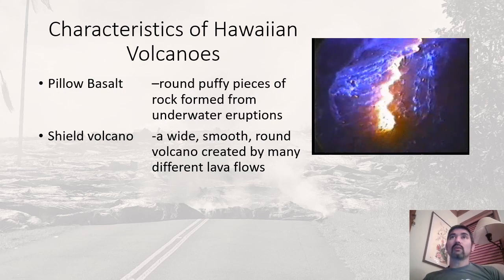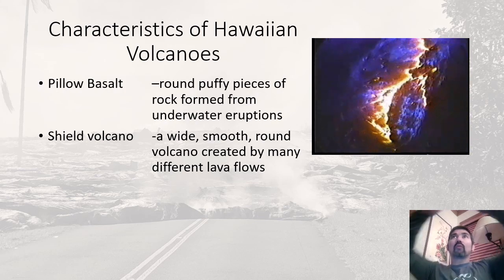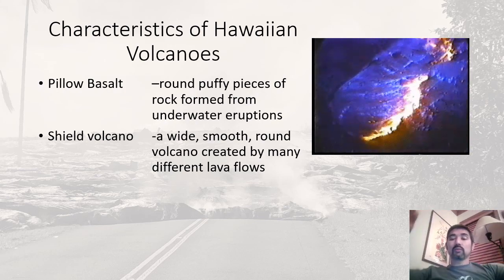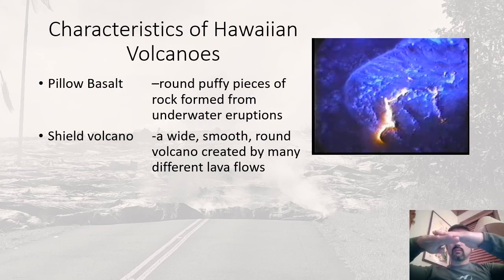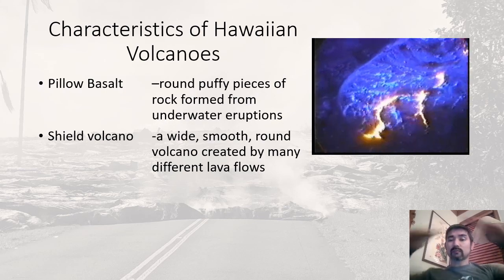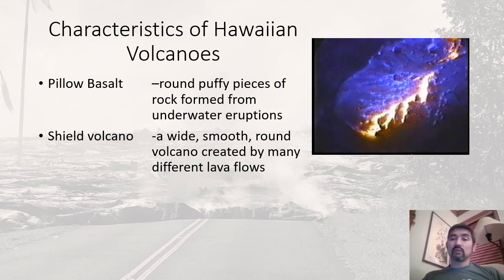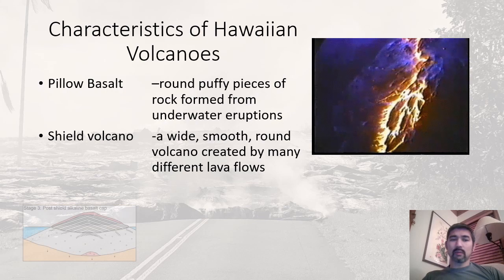Now, a shield volcano is very rounded, and it has a very gradual slope. It's made as one layer of lava flows and another layer of lava flows on it, and so on and so forth until you get a pile that makes a shield volcano. It's just like a very gently sloping mountain.